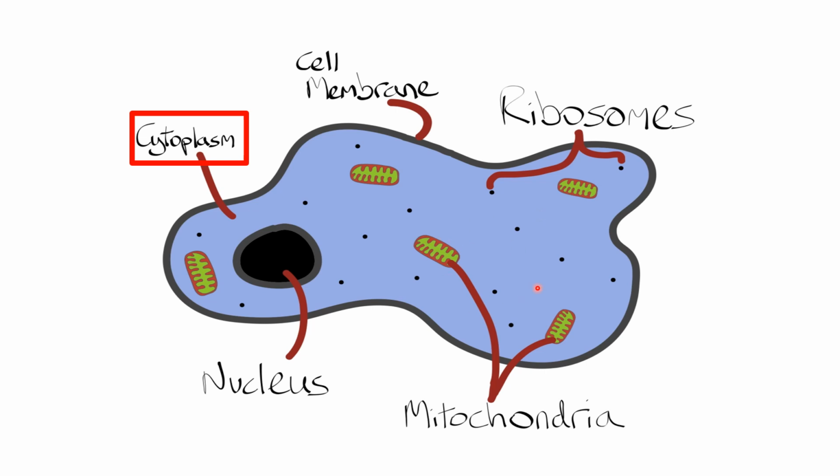Now we talk about respiration occurring in the mitochondria, but actually the first stage of it takes place in the cytoplasm. So we're going to split aerobic respiration into two phases here. So we begin in the cytoplasm of the cell. And stage one actually doesn't require oxygen, and we call that anaerobic.